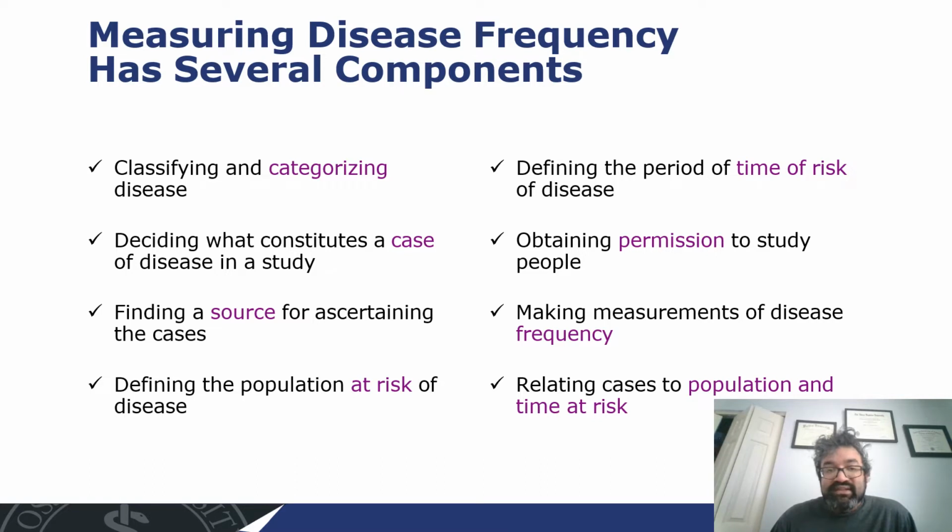One of them is how you would be classifying and categorizing disease. The idea is that if you categorize in an adequate way from the start, then you don't have to think about what the categories are going to be. And sometimes this is challenging.